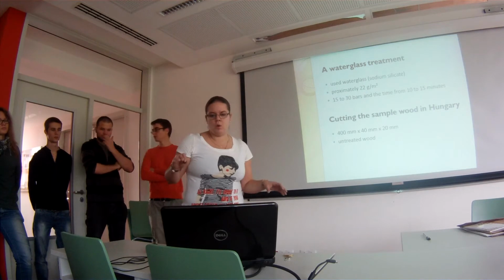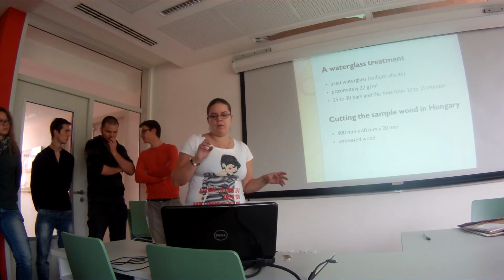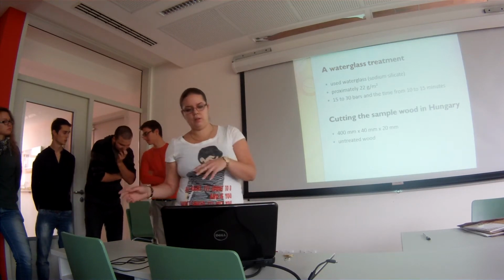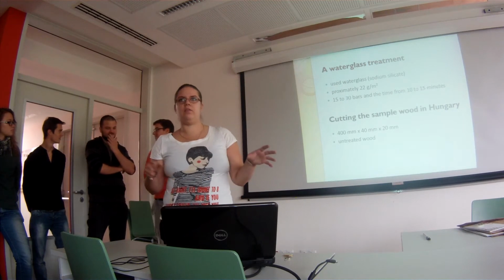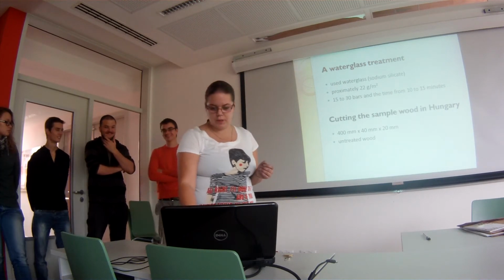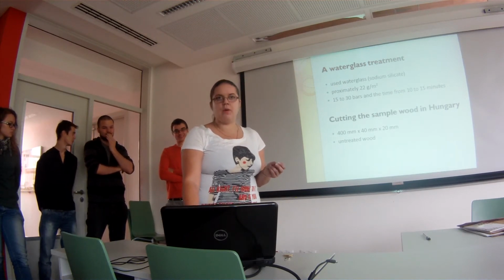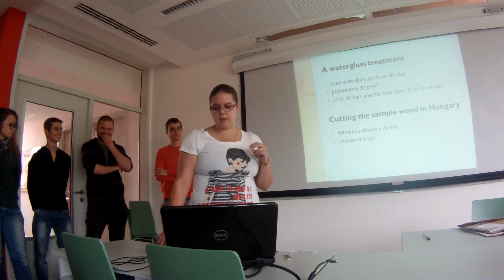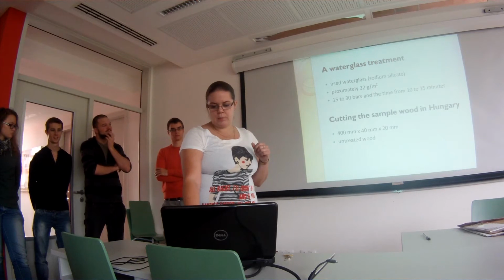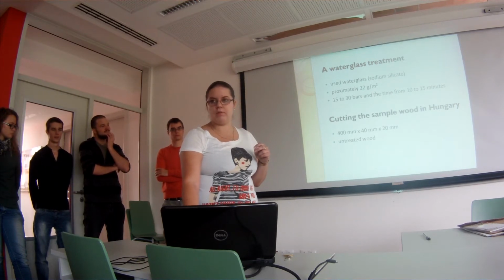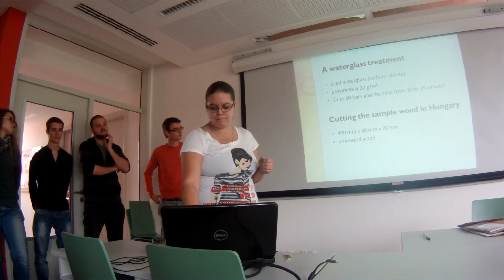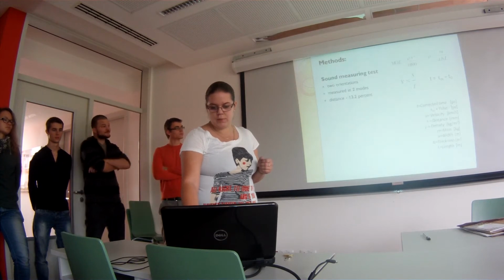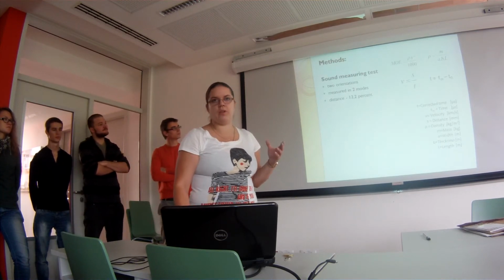And in the oven, it was like 15 bars to 30 bars, and the time we used was 10 or 15 minutes. And we sent our sample pieces here, and somebody cut them into smaller pieces for our tests. And of course, we also sent untreated wood.